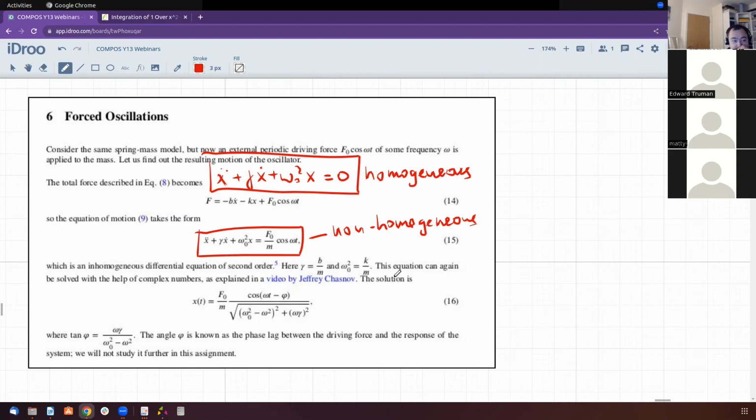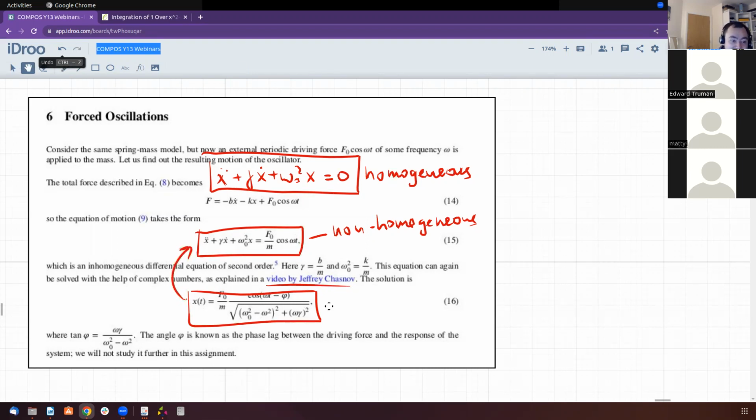The solution of this is quite complex. It's literally complex because it involves complex numbers. There is a video of the solution, but this is the solution. This is x. You can prove that it is a solution by direct substitution. So you substitute that in and you confirm that it is in fact the solution.